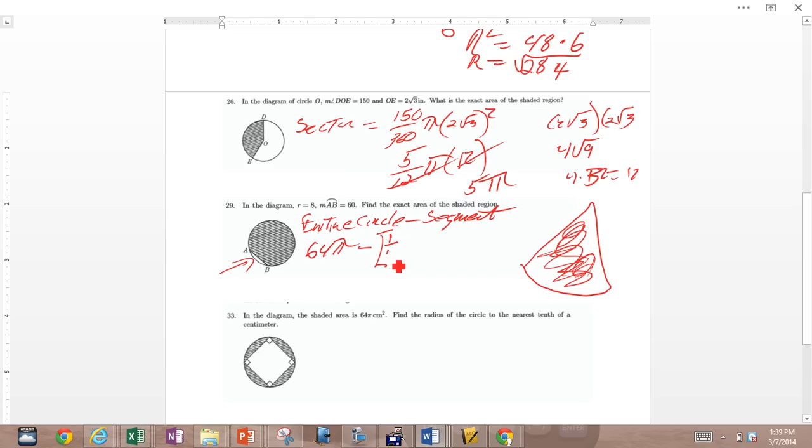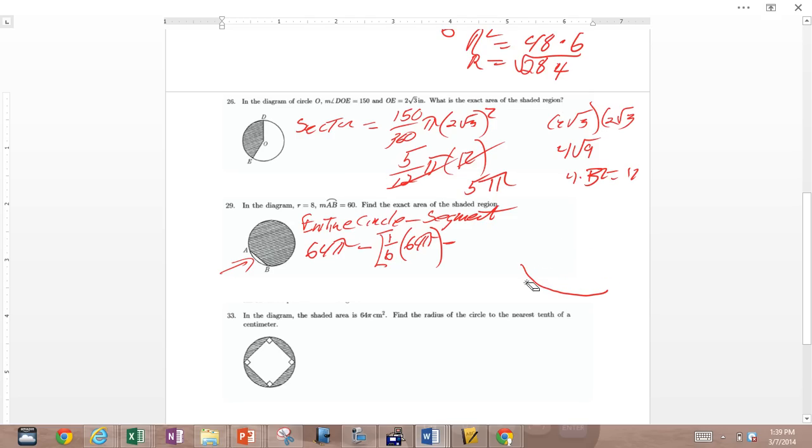It's 1/6 of the area of the circle, which is 8 squared pi, 64 pi. So that's 1/6 of 64 pi minus, okay, minus this triangle in here. So we've got to look at that triangle in there.